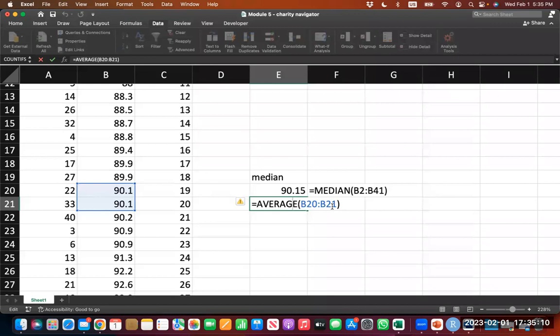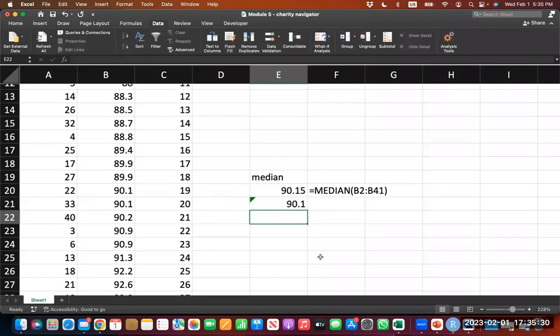I still don't understand why it would be three, with the three middle numbers. No, it's two numbers. It's the higher 50% and the lower 50%. In the higher 50% you take the lowest number, and in the lower 50% you take the highest number. So you can test this essentially.